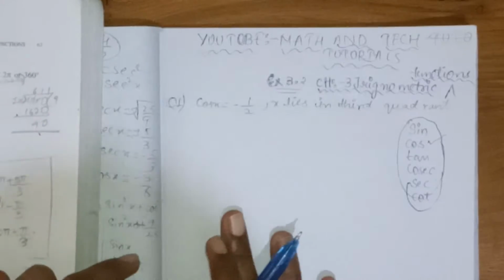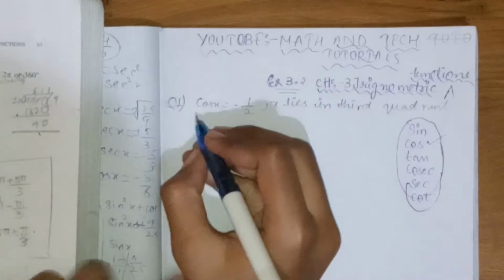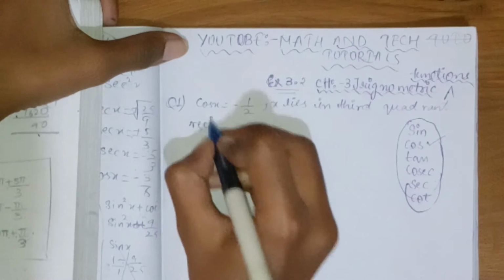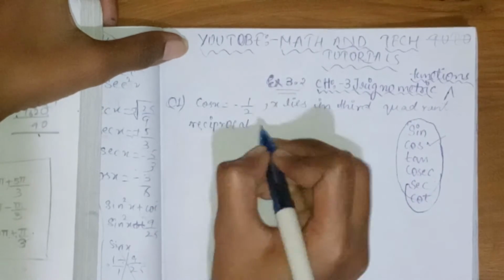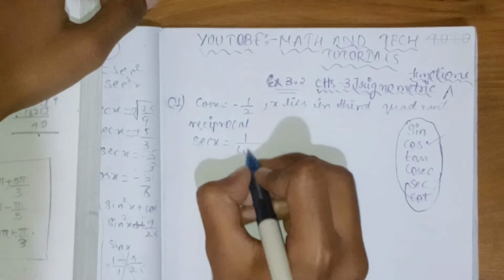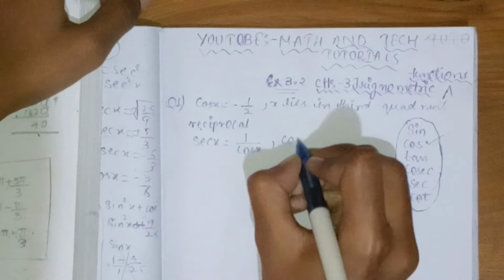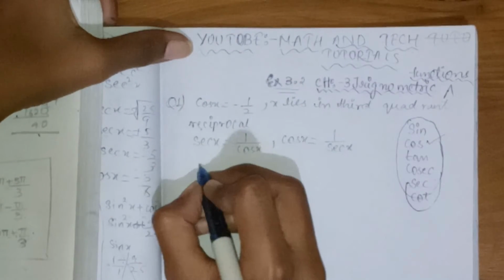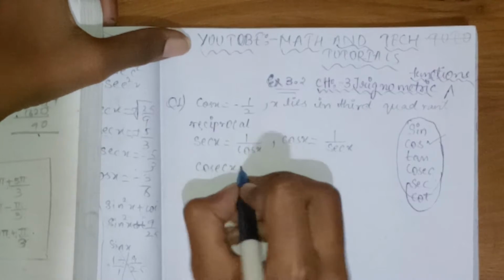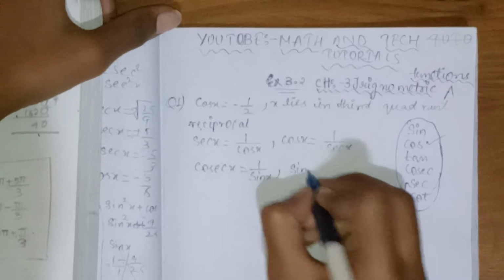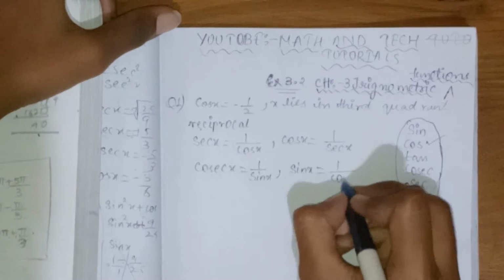If you want, I'll say it first. I'm going to say the reciprocals again now. We know secant x reciprocal is 1 by cos x. Cos x reciprocal is 1 by secant x. Cosecant x is equal to 1 by sin x. Sin x is equal to 1 by cosecant x.